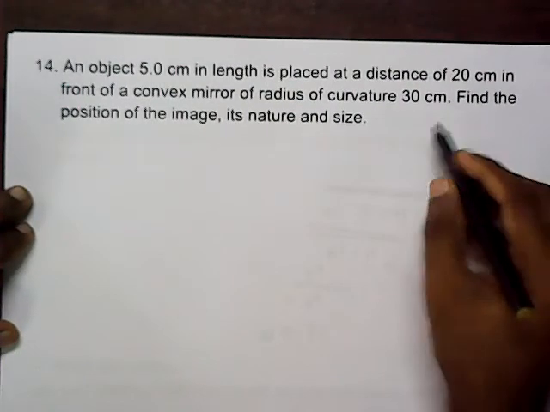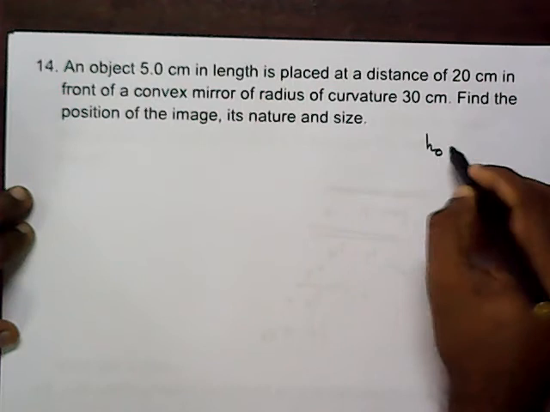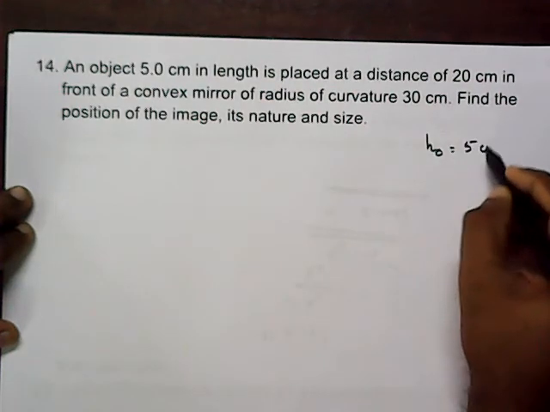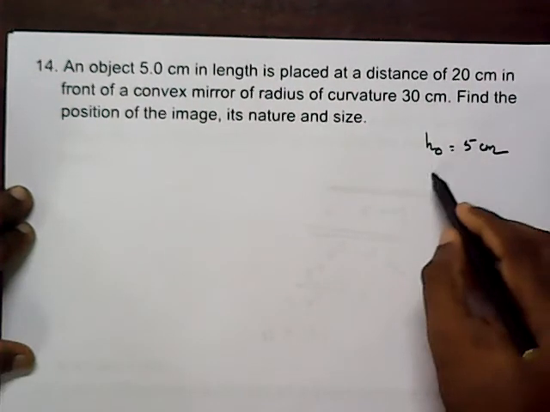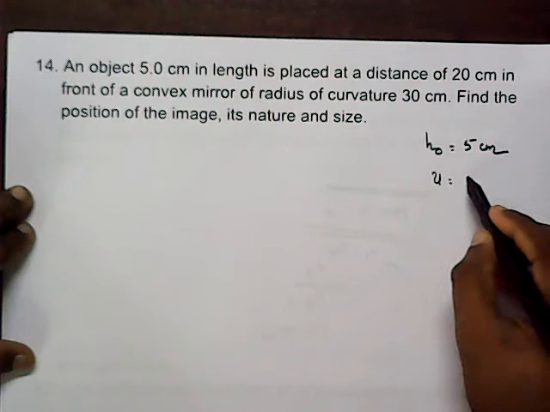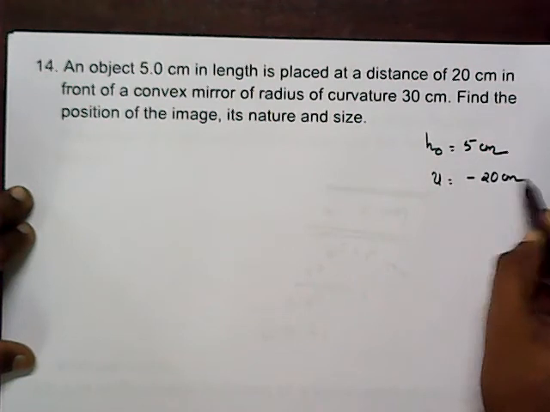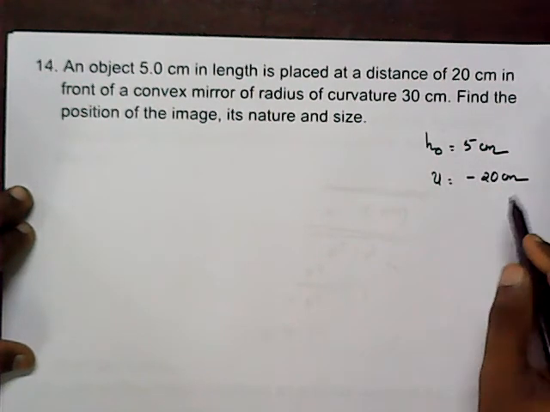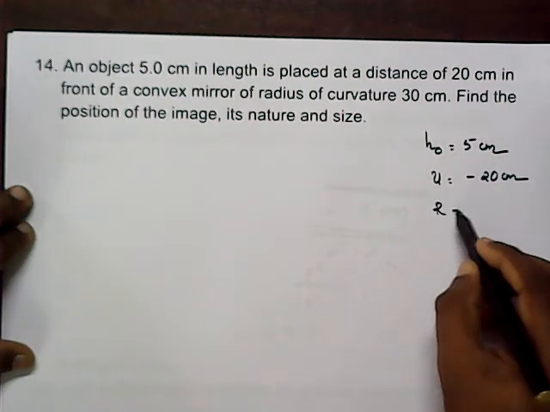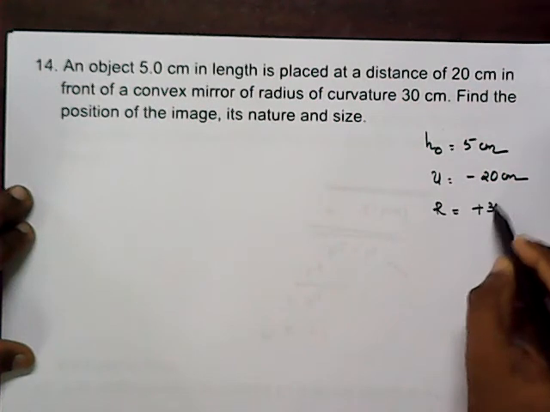Number 14. An object with a length of 5 centimeter is placed at a distance of 20 centimeter in front of a convex mirror of radius of curvature 30 centimeter.